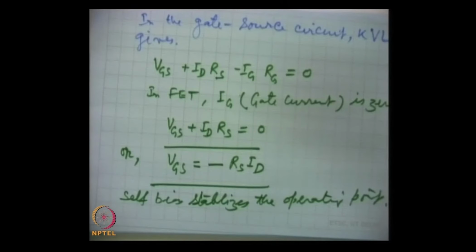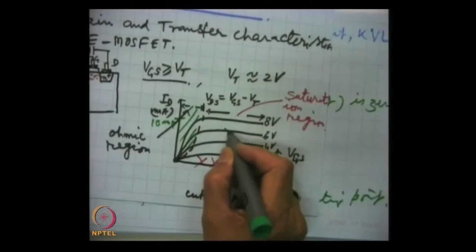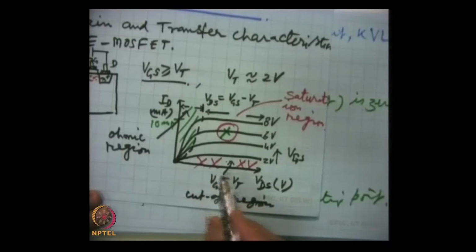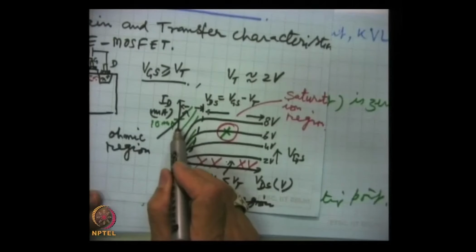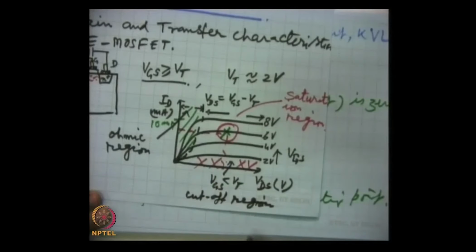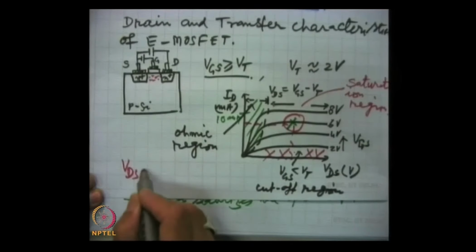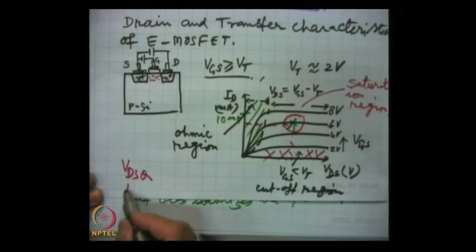Once we have chosen the operating point, for example this is the operating point here, we have all these voltages and currents. The value of Vds is fixed. This is called Vdsq. This is called IDQ.